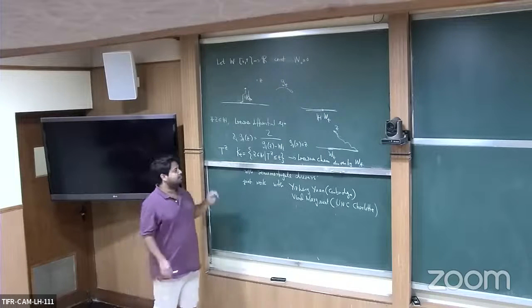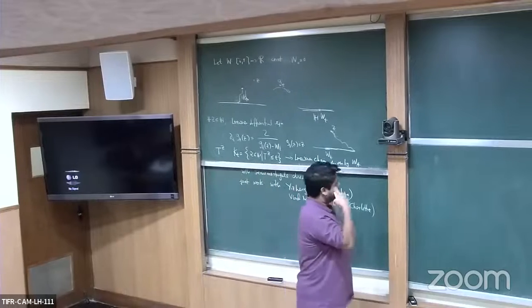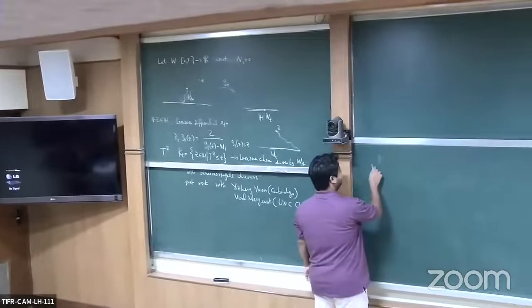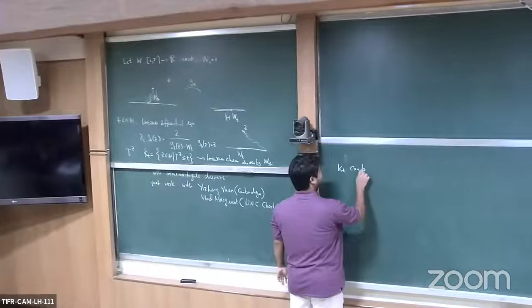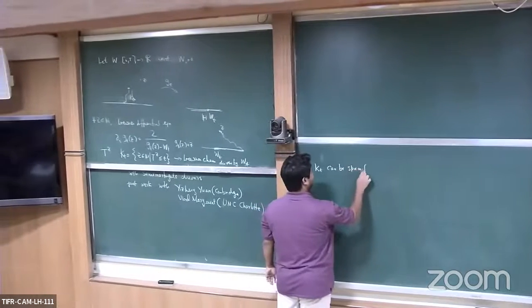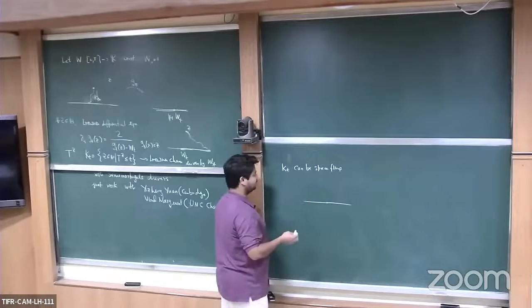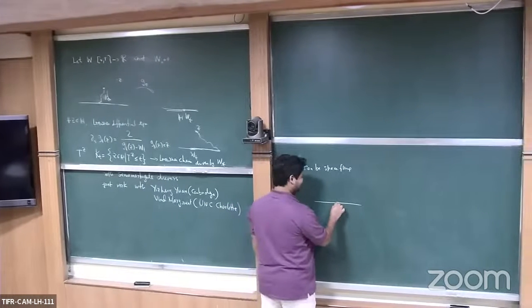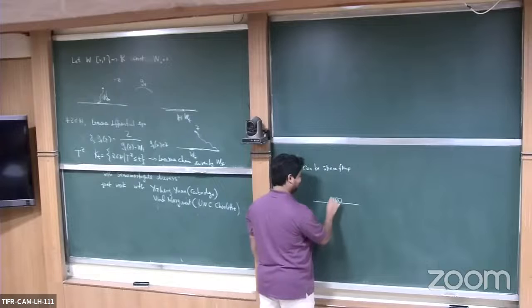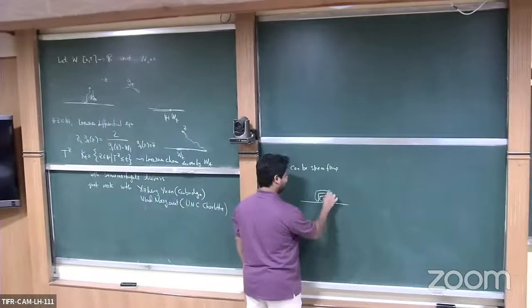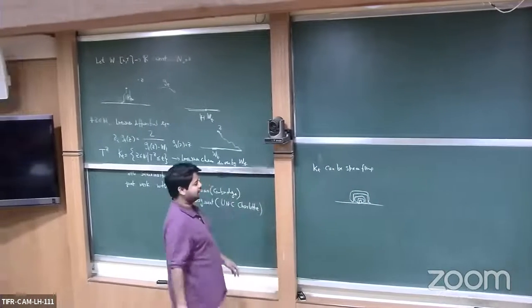Now, in general, this can be a very wide object. K_t can be space filling. Something like, I don't know how to draw a space filling curve, but I will try. It can really fill the space as time t grows.